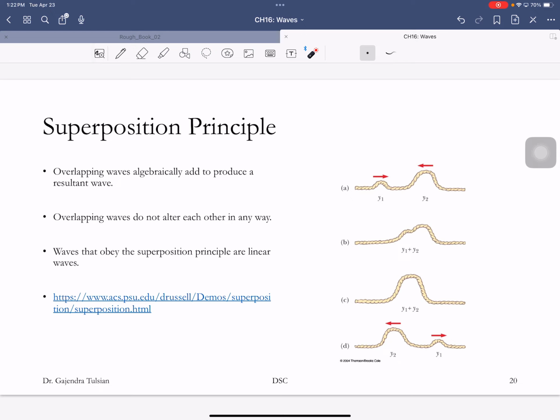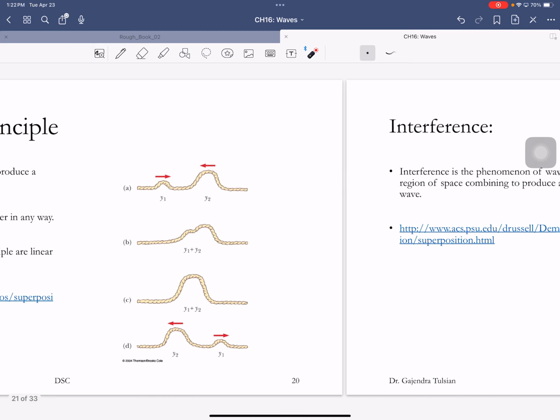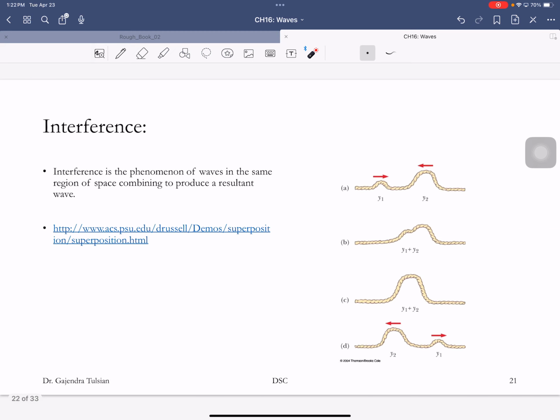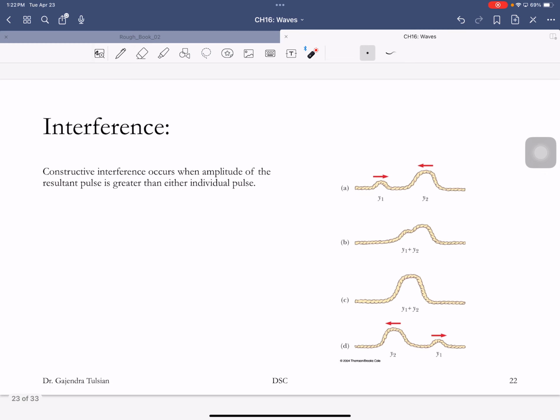When they are at the same location, they just add, and once they pass each other, they're unaltered. So interference is how they combine. This is what's called constructive interference, when the resultant is bigger than either one of them. Interference is the phenomenon of waves in the same region of space combining to produce a resultant wave.